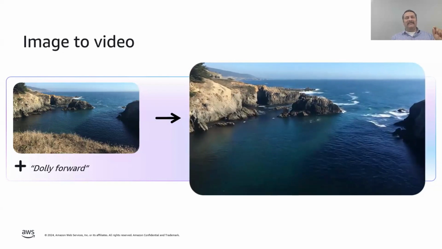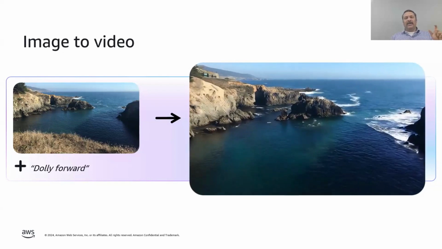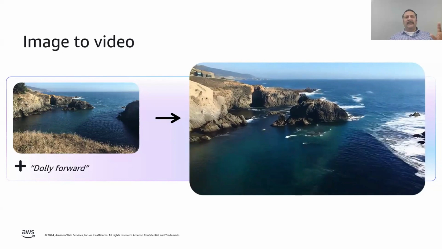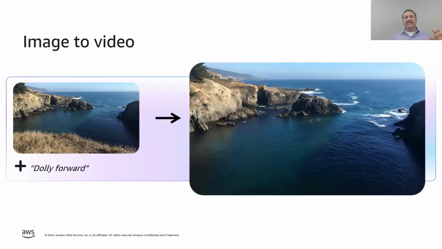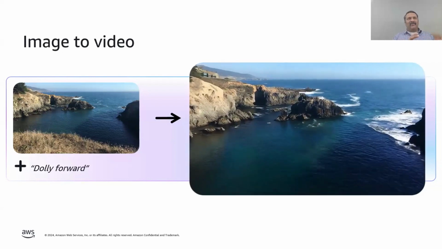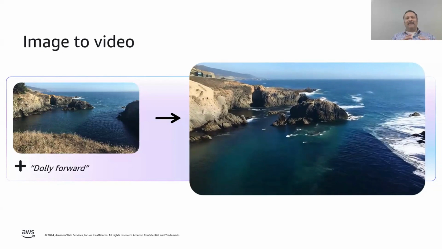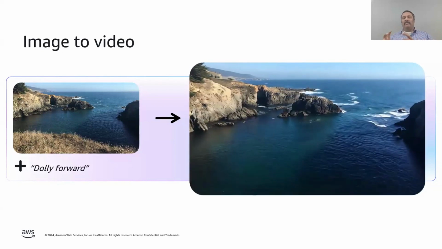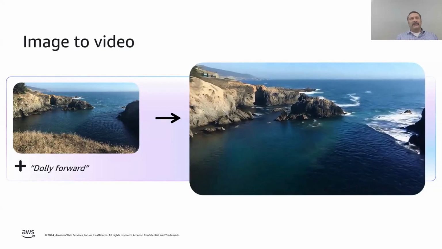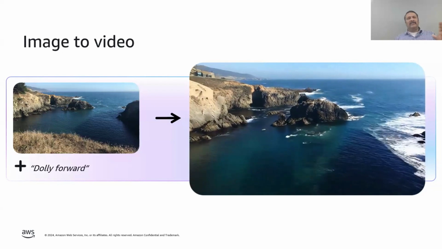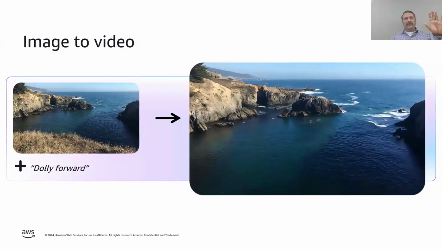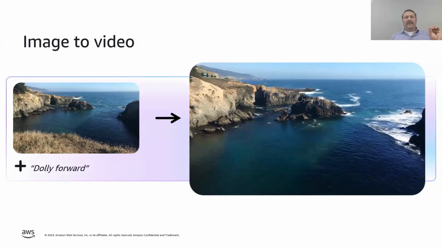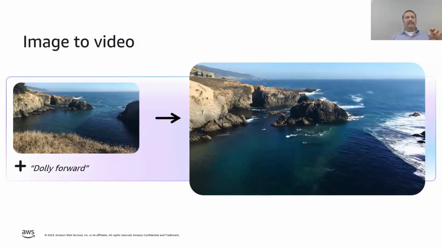In this case, it takes the image as an input. It's an advanced feature that brings images to life by transforming the existing image into more dynamic video content. On the left side, what you see is a coastal scene where the prompt is dolly forward.